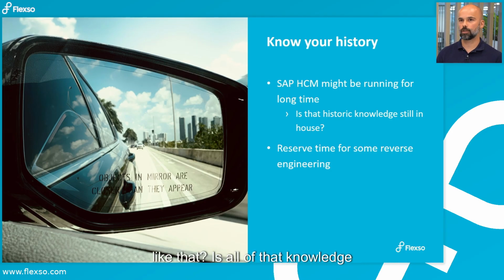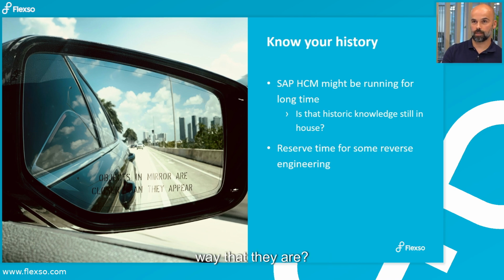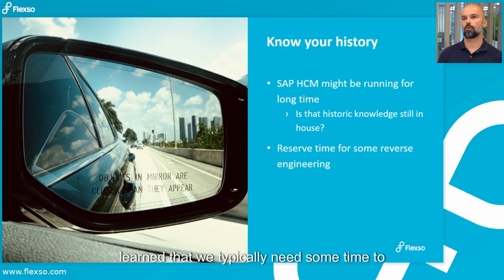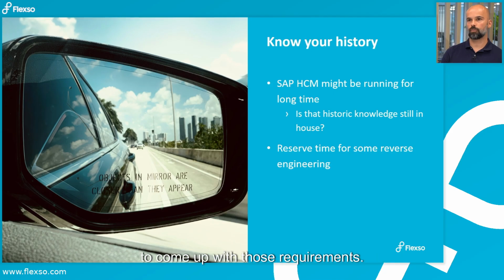Is all of that knowledge still in-house, or maybe do we need to do some reverse engineering to come up with why certain things are the way that they are? From experience, we learned that we typically need some time to do some of that reverse engineering in projects to come up with those requirements.